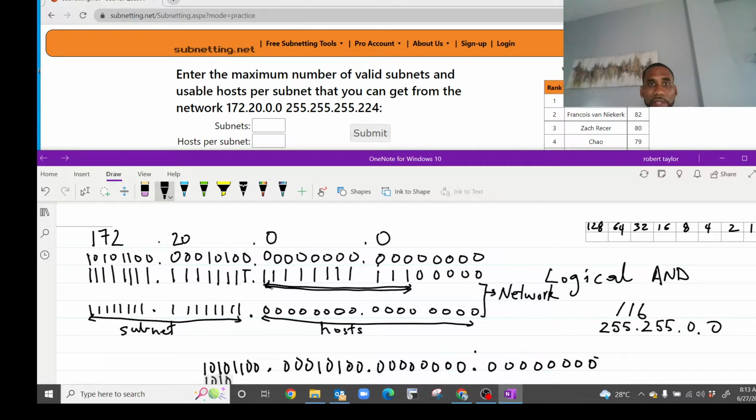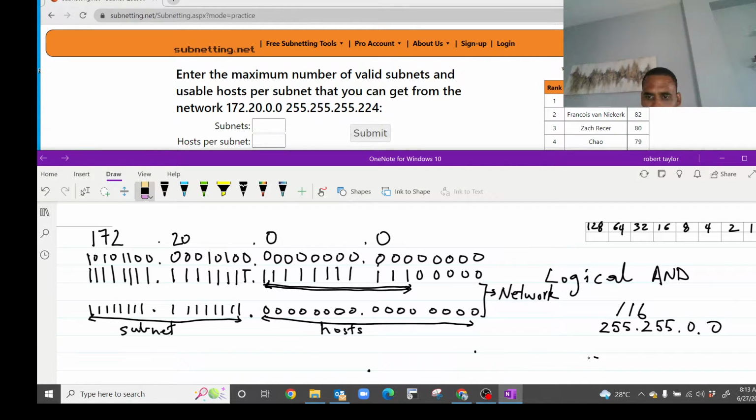So we have borrowed 1, 2, 3, 4, 5, 6, 7, 8, 9, 10, 11. We've borrowed 11 bits to do our subnetting. The natural mask would have ended right here, but we borrowed 11 bits.